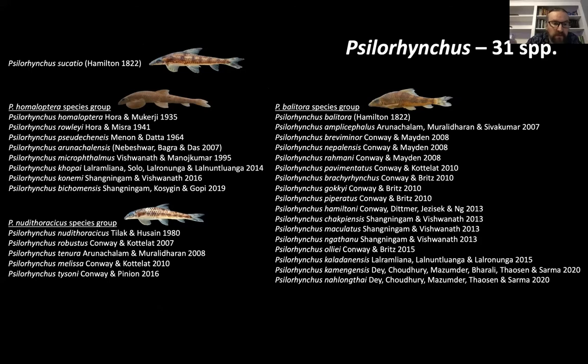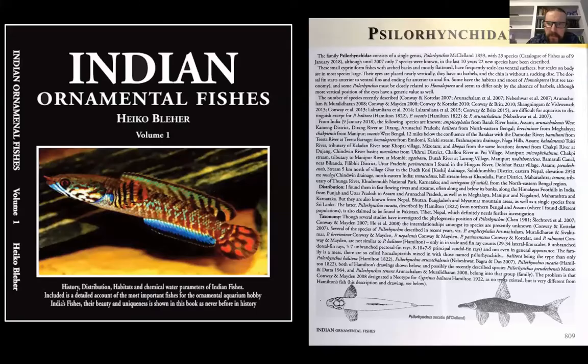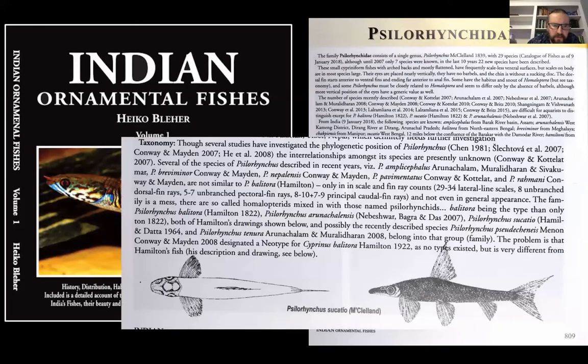So in my opinion, the taxonomy and classification of Cyrenacus is in pretty good shape, but not everyone agrees with me on that. And in a recent book by Heiko Blair on Indian ornamental fishes, Blair described the family Cyrenacus as a mess.